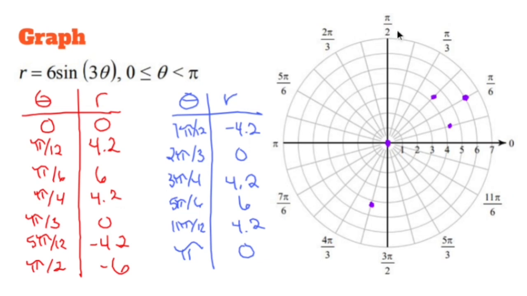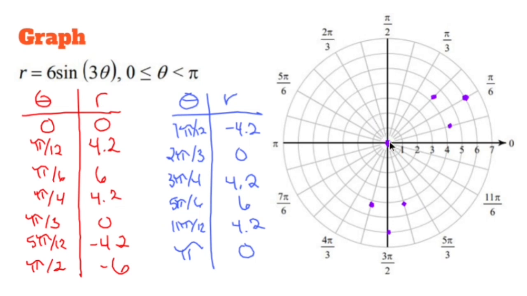Half a pi is going to be negative 6. So negative 6 is that dot. Here we are on this one. 7 pi over 12 is going to be negative 4.2. So that guy right there. 3 pi over 4, I forgot one. 2 pi over 3 is going to be 0. So that one right there.